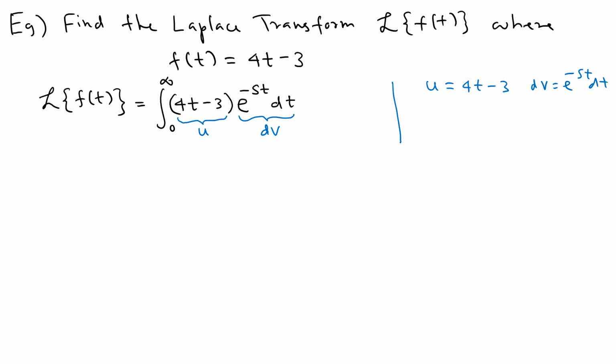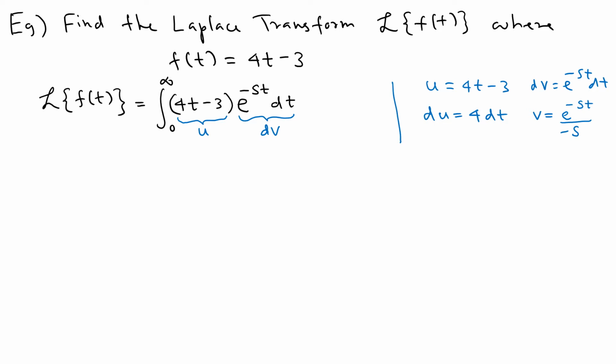Then we take the derivative: du equals 4 dt, and we take the integral. For the integral we can use the formula. Here s is considered a parameter, in other words a constant, so we divide by it. So v is e to the minus st divided by the constant, in this case minus s. So we have all 4 ingredients here.